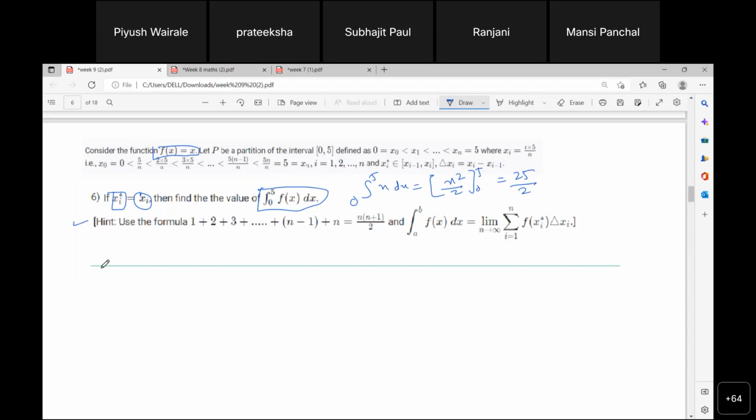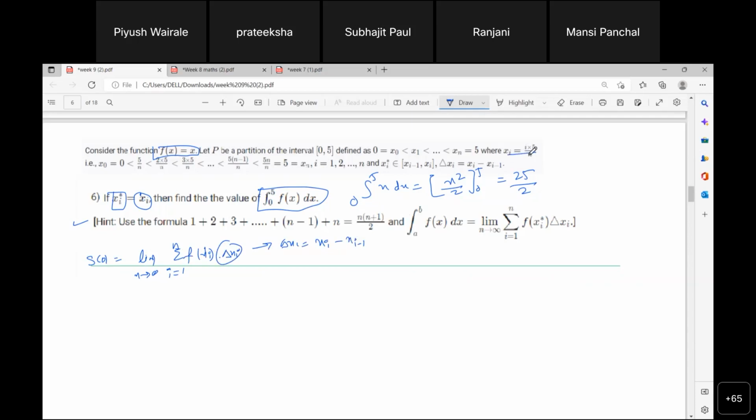So how to evaluate this? We are given the Riemann sum as the limit as n tends to infinity of the summation from i equals 1 to n of f of xi star times del of xi. Now what is del of xi here? Del of xi is xi minus xi minus 1.